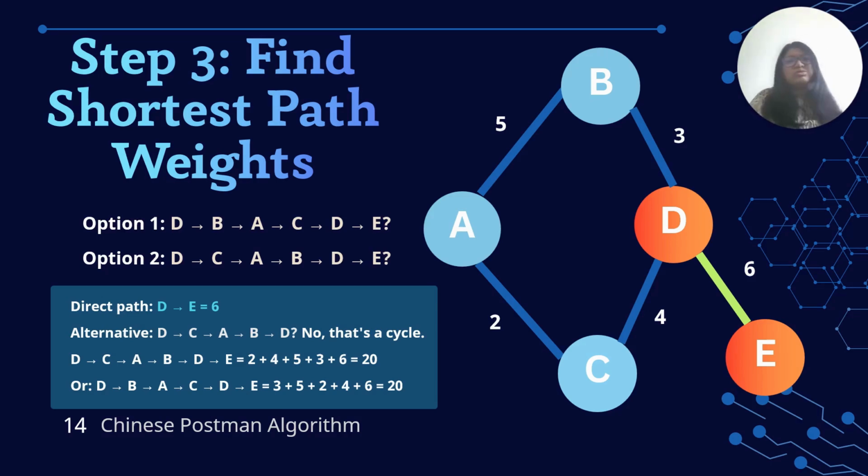That's also 20. No good again. Both of these options are terrible. They cost us 20 units of distance and they don't even make logical sense for a postman. So if those are wrong, what about this one?